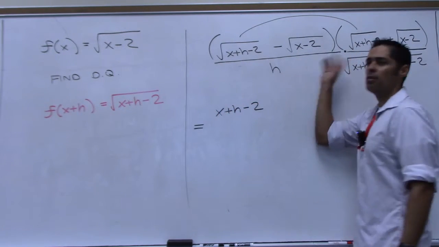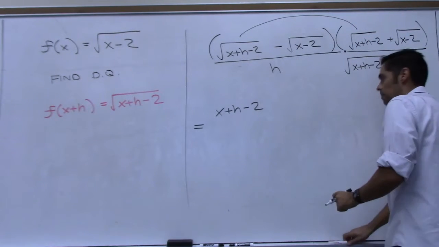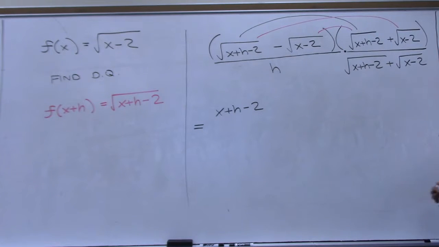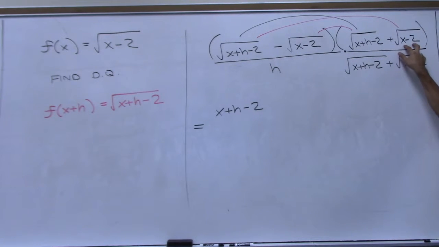And then what about the middle ones? What about the next two multiplications, which would be this one and this one? What can you tell me about those? This is why we use the conjugate. They become 0. They cancel each other out. Because this times this, right? Those two square roots are different.